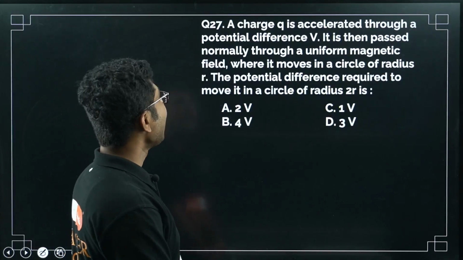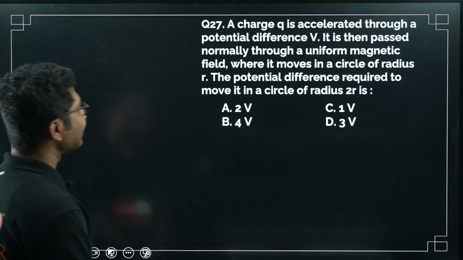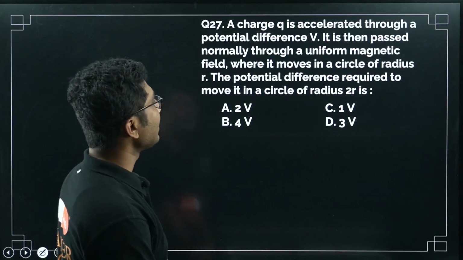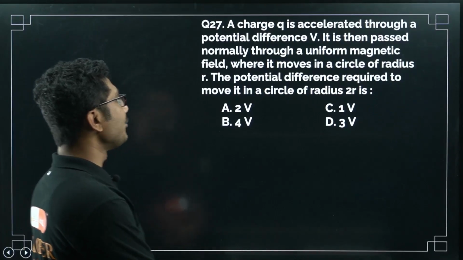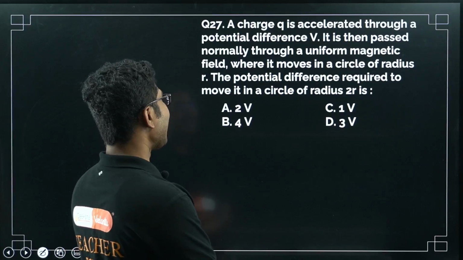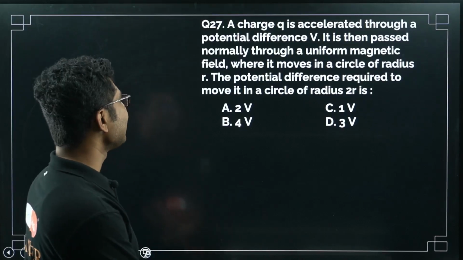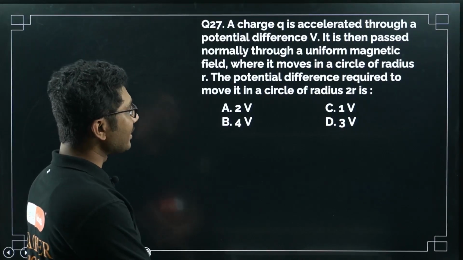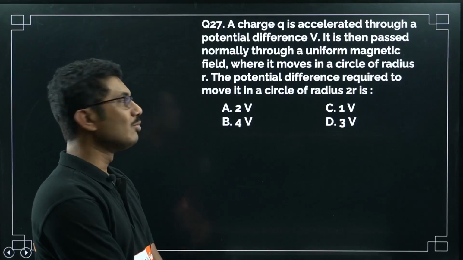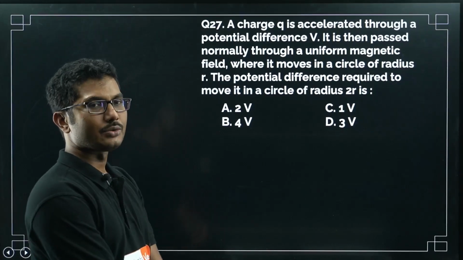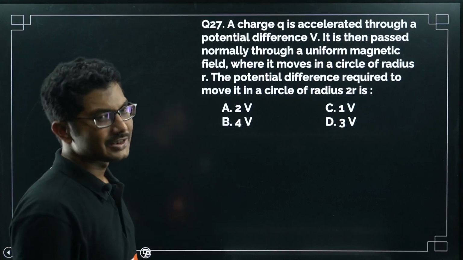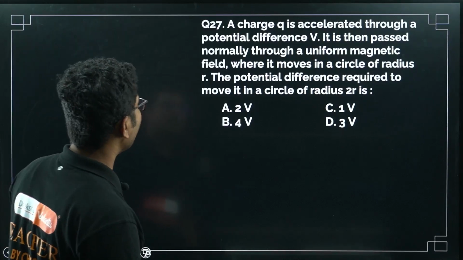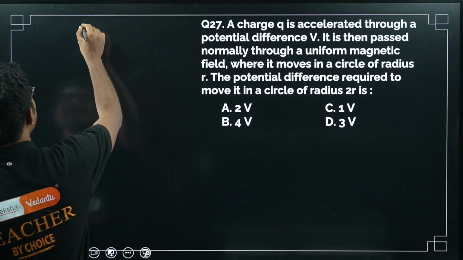Now question 27. A charge Q is accelerated through potential difference V. It is then passed normally through a uniform magnetic field where it moves in a circle of radius r. The potential difference required to move it in a circle of radius 2r. So first of all, when you are moving a charge Q through a potential difference V, what is the energy of that particle?